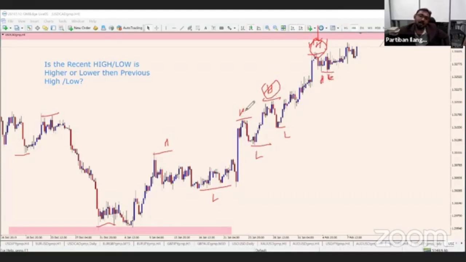Is the high higher or lower? Higher. Is the low higher or lower? Higher. Higher or lower? Higher.